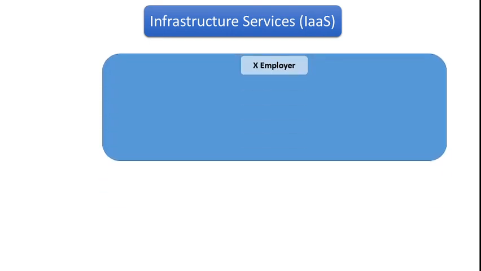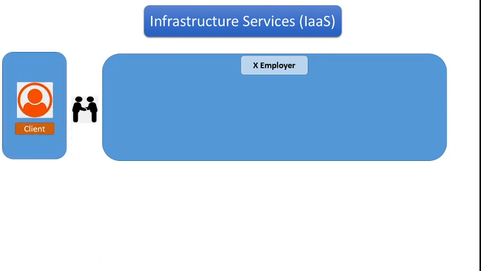Suppose you are an employee of a particular company, and the company has done a deal with some client who wants an application to be developed. Initially, suppose you have chosen a particular developer who can develop a mobile app for the client, and you have set up all the machines and all the software needed to develop those applications on your machine.